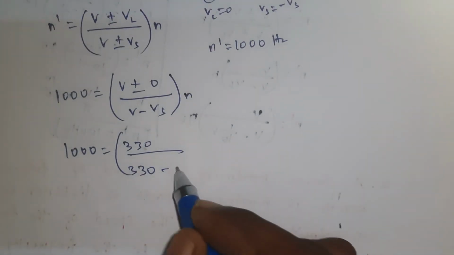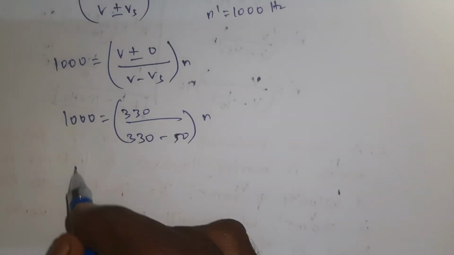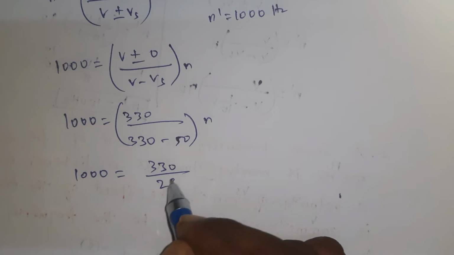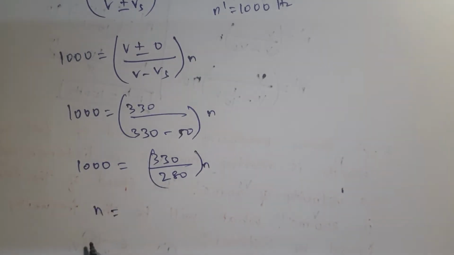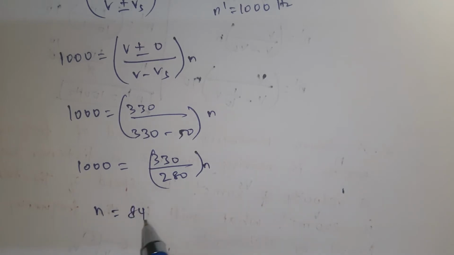Then n we are going to find out, so 1000 is equal to 330 by 280 into n. So if you simplify, the original frequency, or frequency of the sound source, is 848.48 Hz.